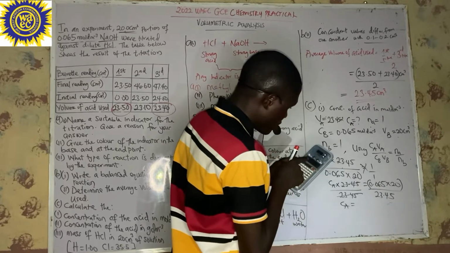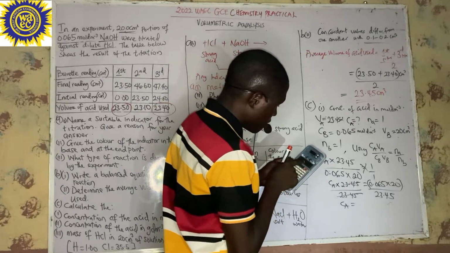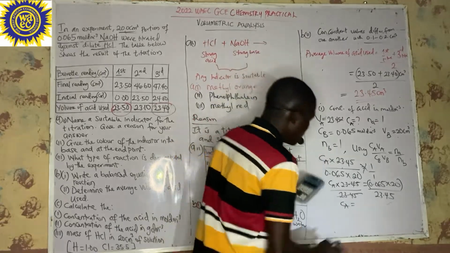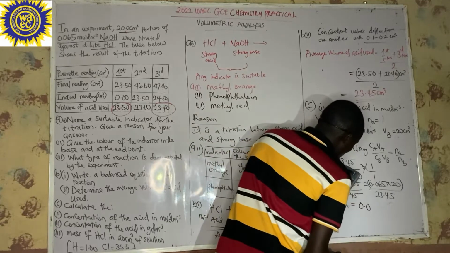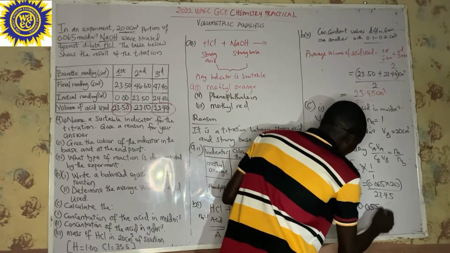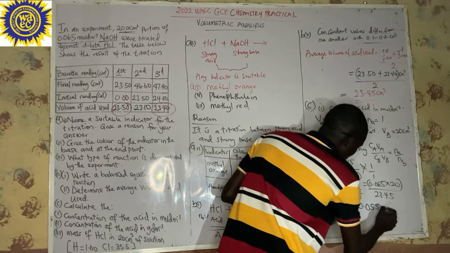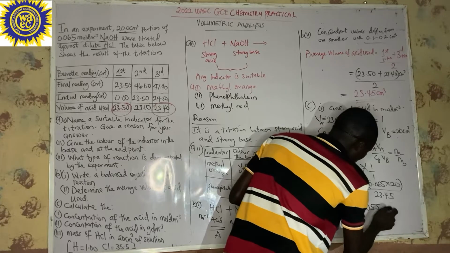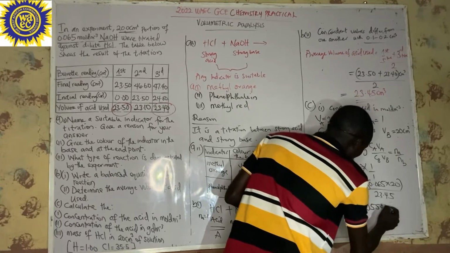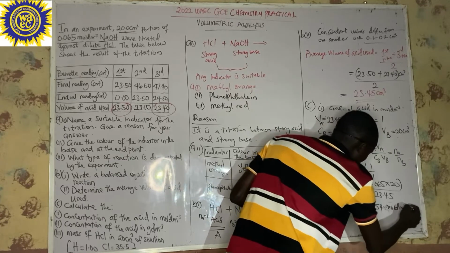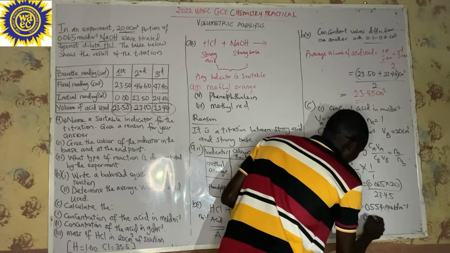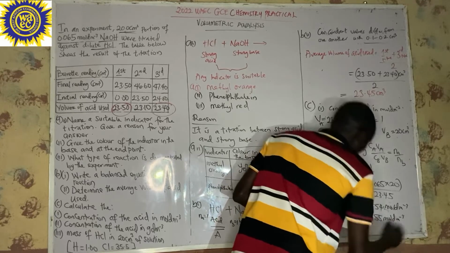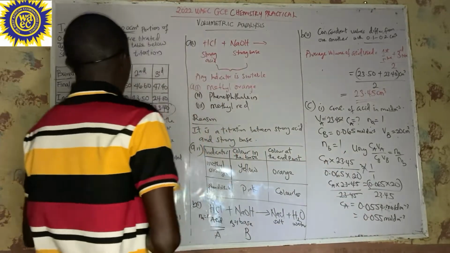So 0.065 times 20 divided by 23.45 is 0.055. Give it to 4 decimal places first, then mole per dm cube, because it's the concentration. So approximately 0.055 mole per dm cube. So that's that about that.